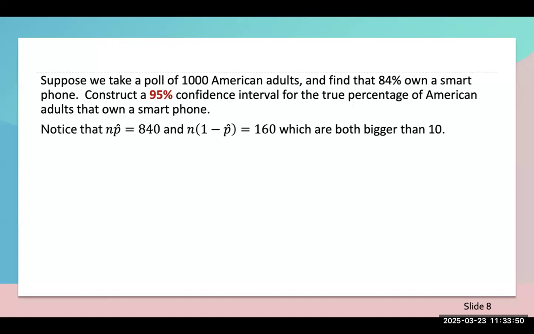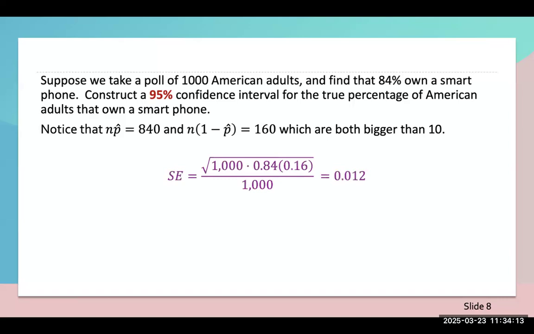To do that, we take the sample size 1,000 and multiply it by the success probability, 0.84, and we get 840. And then if we take the sample size 1,000 and multiply by the failure probability, we get 160. Both of those numbers are bigger than 10, so we can keep going.